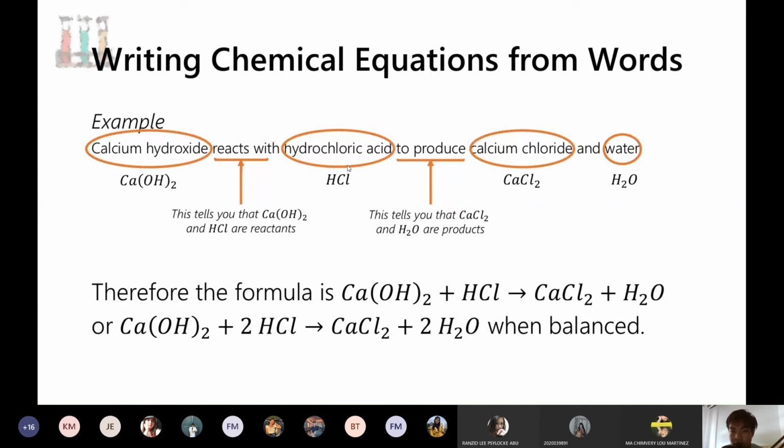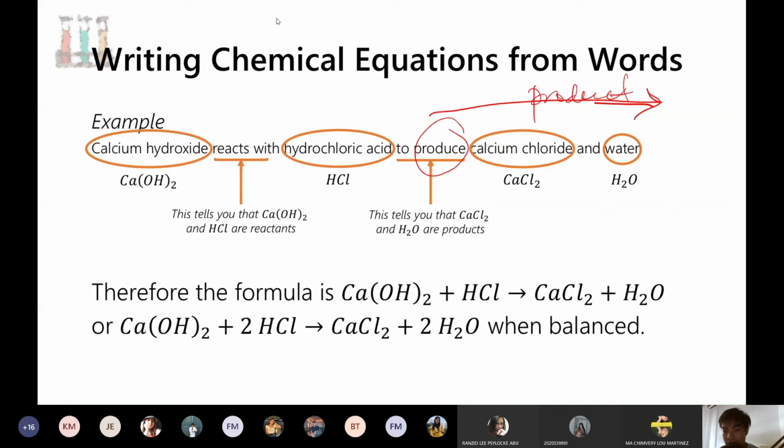No? So, reactants silang dalawa. Then, to produce. Now, when you see the word produce, meaning that's products. No? So, meaning, itong nasa right ay product. No? So, anything on the right side of the term to produce ay product. Lahat ng nasa right side niya, product. Okay? So, meaning yun na yung nasa left ay reactants. So, yan.